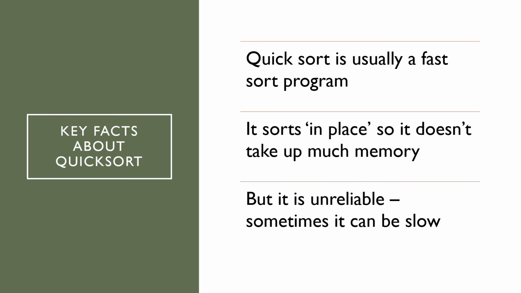But because of this big random factor that affects it, it can be slow sometimes. The speed will vary a lot, whereas merge sort is extremely reliable. Quicksort can be brilliant, but it can be slow. It's typically fast.